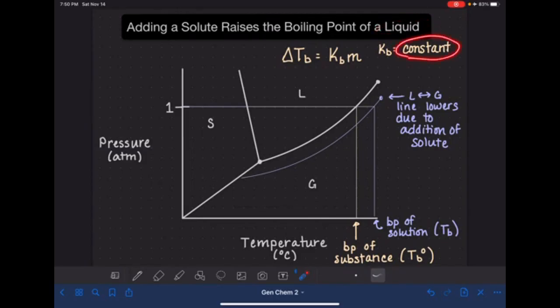So water has its own constant, benzene has its own constant, and you can look those constants up in a table. And m is little m, so this is the molality, not the molarity. And this allows you to calculate the actual change in the boiling point, which is represented right here on the phase diagram.